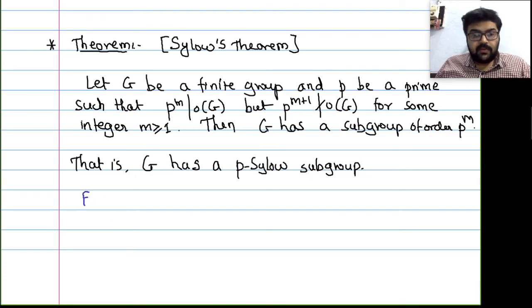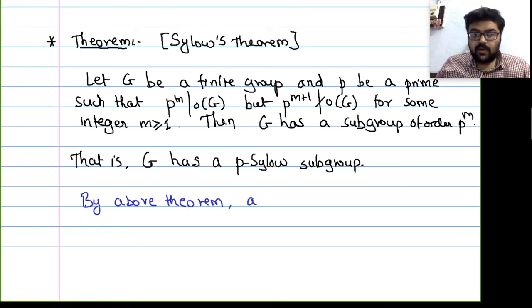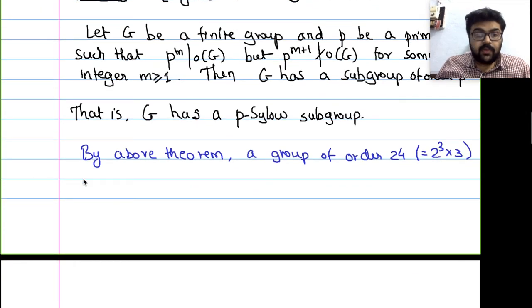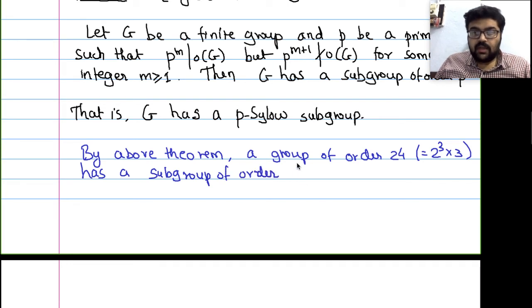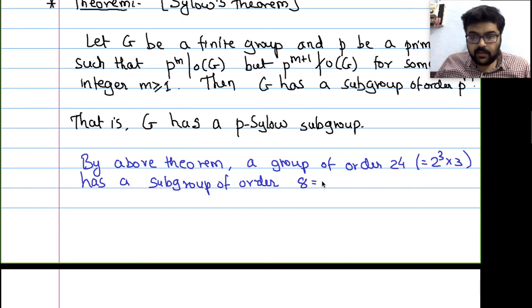So by the above theorem, a group of order 24, if I take p equals 2, has a subgroup of order 8, that is 2 cube.